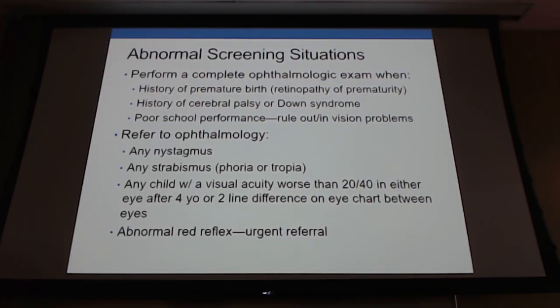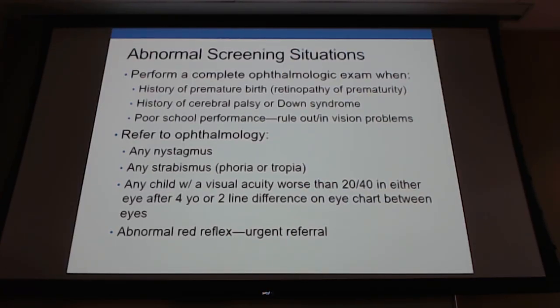Okay, so when are you going to say, I need a full, true eye exam, or I need ophthalmology? Well, I'm going to need them if I have a true premature birth, particularly under the age of 32 weeks, because they have retinopathy of prematurity, and I need to make sure that ophthalmology is following this child until that retina is fully vascularized.